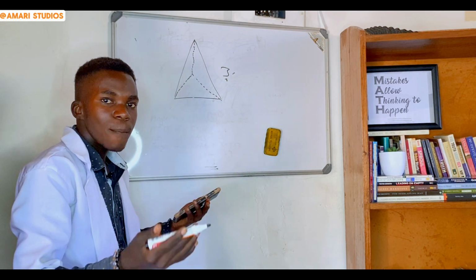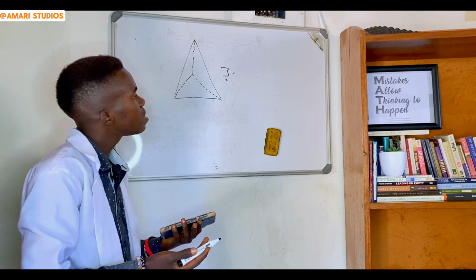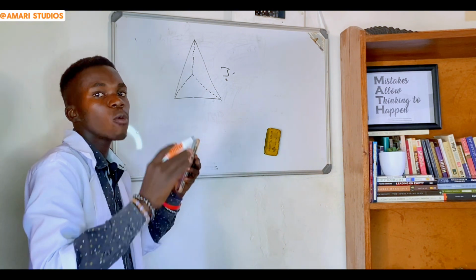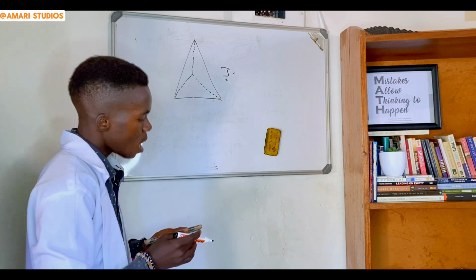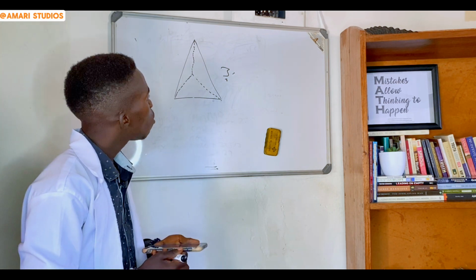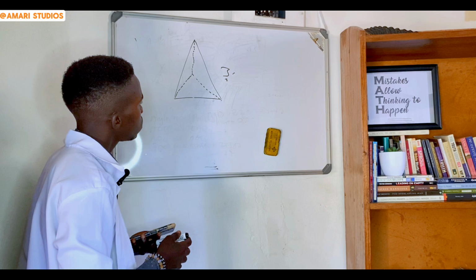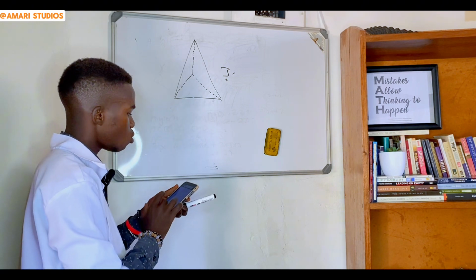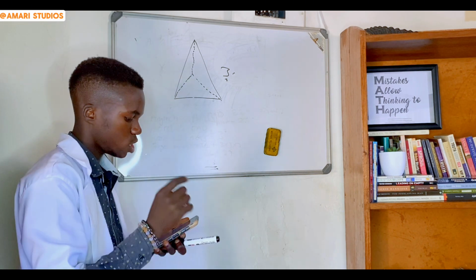Like I said, the number of sides of the base is always equal to the number of faces the solid is going to have. That is the end of multiple choice question 10.